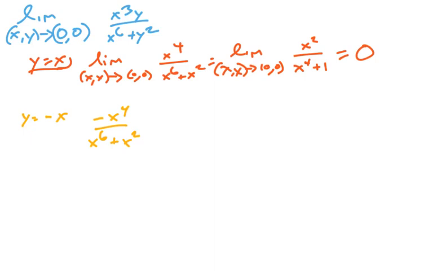If you take out an x squared, you're going to have negative x squared over x to the 4th plus 1. But the problem is when you do direct substitution, you're still getting 0. So you're not getting two different things, and it also does not mean that the limit equals 0.